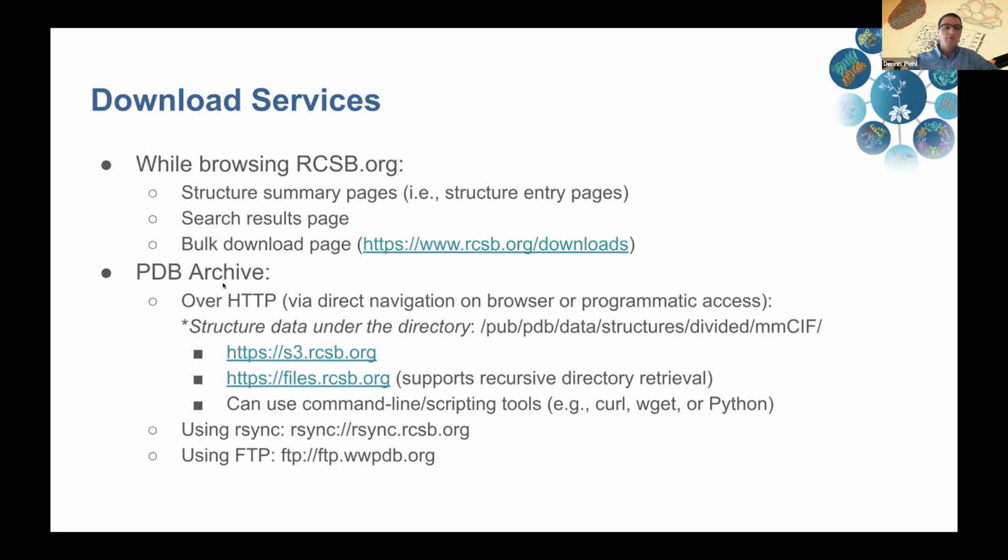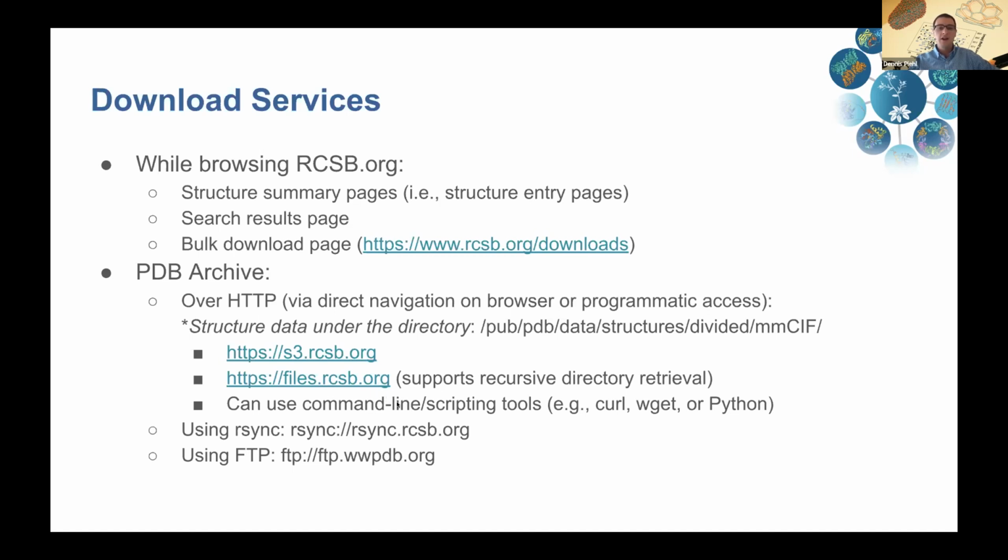Alternatively, you can also navigate our PDB archive directly or access it programmatically. So over HTTP, you can access our PDB archive at s3.rcsb.org, which is an Amazon S3 bucket of our PDB archive. It's also available at files.rcsb.org.